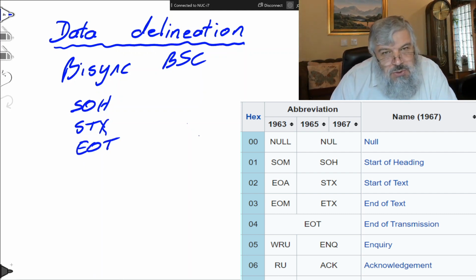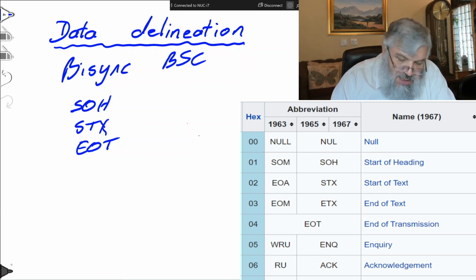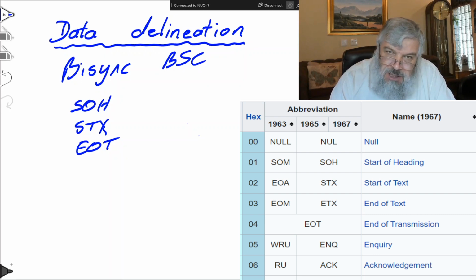So what you could do there was to include these special characters, which will never be mistaken for alphabetic characters, and you could delineate your packet, frame your packet, by saying this is where it starts, by using a special start character, and say even delineate the fields. For example, by saying this is the start of the header and this is the start of the text or the actual message.